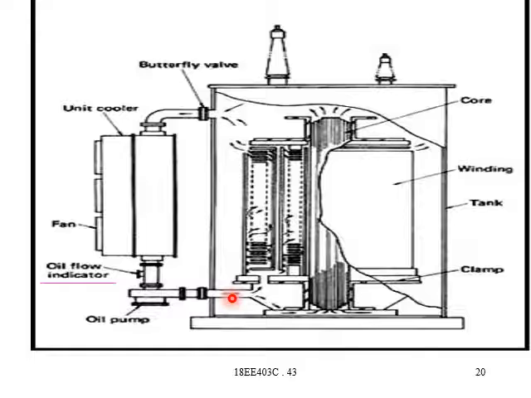You can see here the oil circulated from the cooler to the tank and back to the tank. And there are fans fixed. These are called forced draft fans, and there is an oil pump. And this is oil forced and air forced cooling system, OF, AF, oil forced and air also forced, since there are fans connected over here.